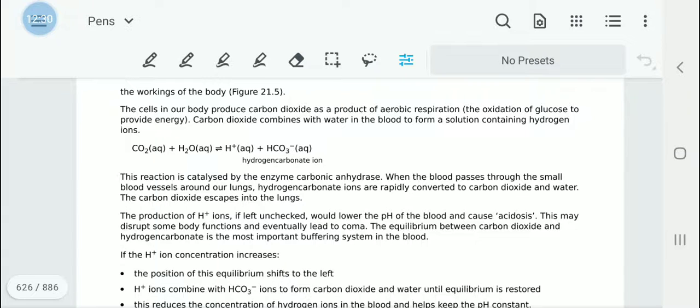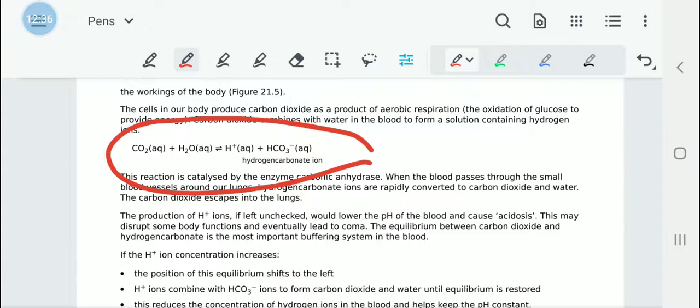Write down this equation. CO2 aqueous plus H2O aqueous, giving you H plus aqueous plus HCO3 minus aqueous.